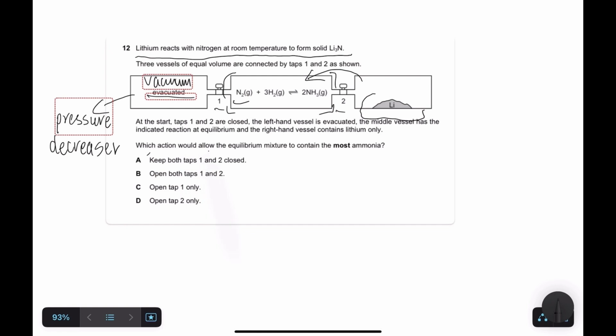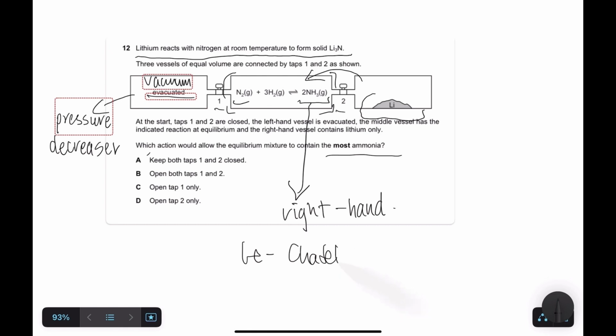Which action would allow the equilibrium mixture to contain the most ammonia? Most ammonia means most products on the right-hand side. By Le Chatelier's principle, if we increase the reactants, the product will be produced more quickly and with more yield.